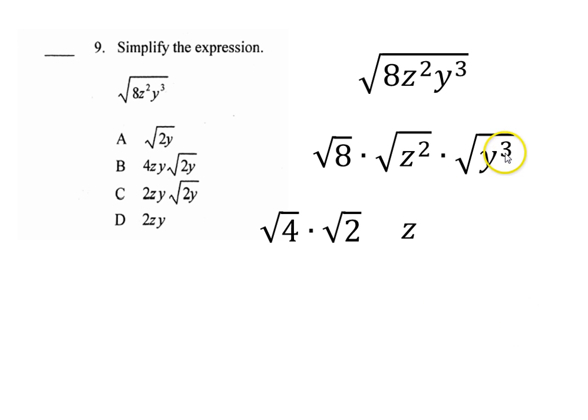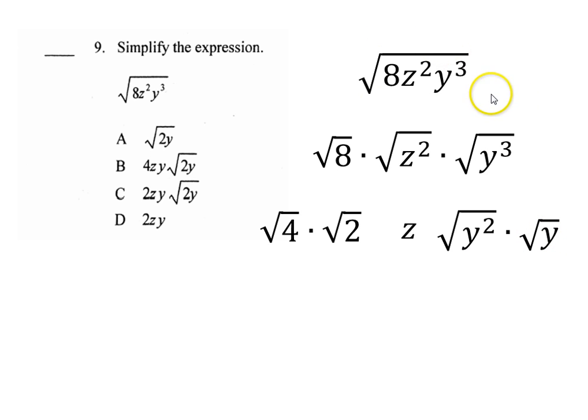So I'm going to break down y to the third, much like I broke down the 8 into perfect squares, and we can rewrite y to the third as y squared times y, because y squared times y is y to the third. And now I can evaluate one of these square roots, which we'll do in just a moment.